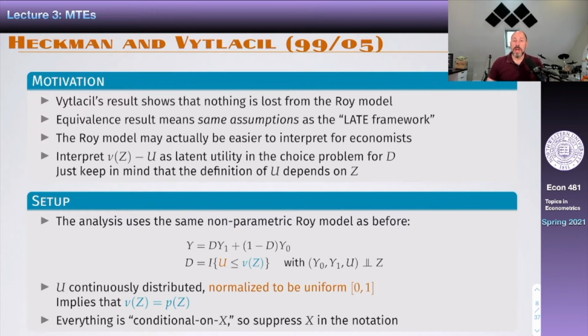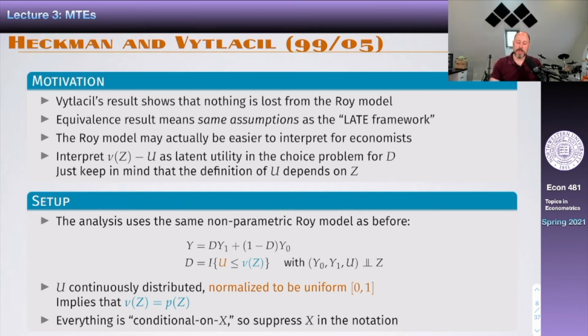This comes from 2 papers by Heckman and Vytlacil. Okay, motivation is the following. As I said, Vytlacil's result, the one that we just described, shows that nothing is lost from the Roy model. So it means that the same type of assumptions are used if you decide to model things using a Roy model with latent variables, or if you just like to use the LATE framework, potential outcomes, and not say how the decision is made.